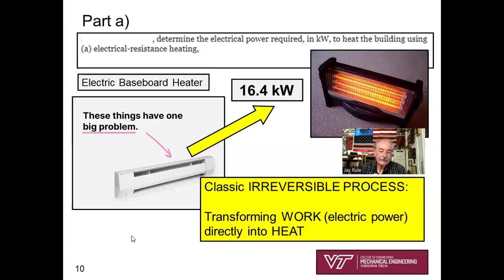It's classic because a classic source of irreversibility is transforming work directly into heat. Once we finish the numerics of this problem, I'm going to be able to illustrate that to you. But that's the one big problem associated with electric resistance heating: it is a process that is highly irreversible.